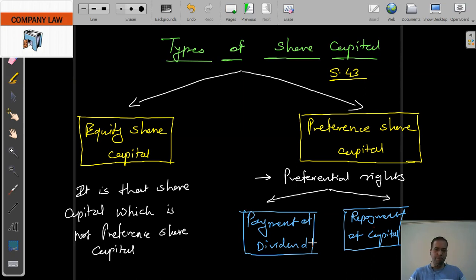So these are the two important rights which the preference shareholders can enjoy.